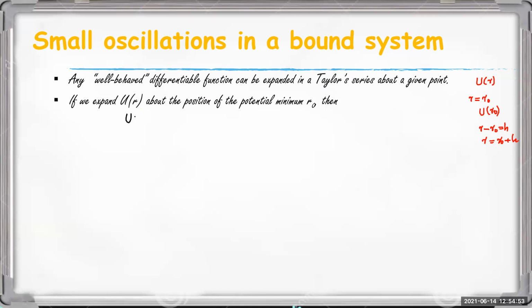It can be written as u of r is equal to u of r0 plus (r minus r0) into u dash of r0, or as in the textbook, du divided by dr at r equal to r0, plus (r minus r0) whole square into d square u divided by dr square at r equal to r0, plus etc.